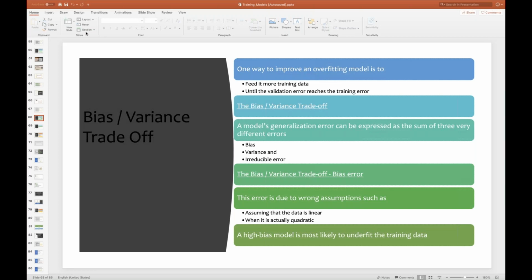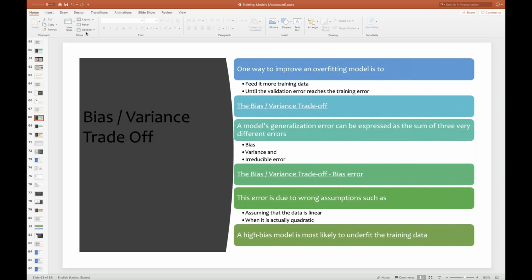Now, why do you use bias and variance? What is the bias and variance trade-off? What is bias? What is variance? What is the difference between them? And what is the trade-off point? First thing we need to understand is there is a concept called underfitting and overfitting.